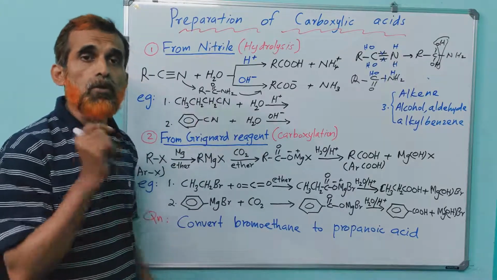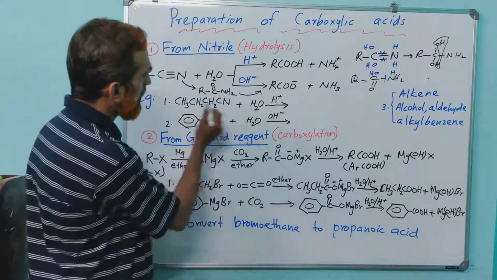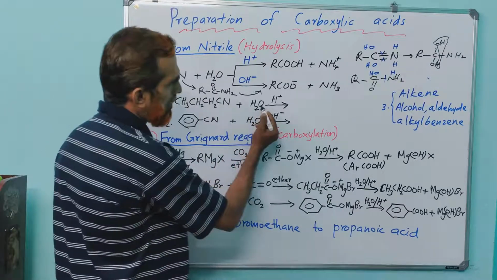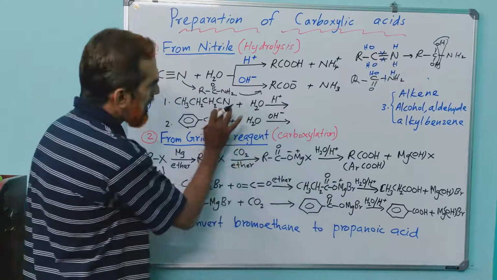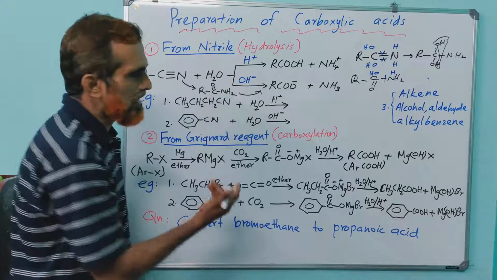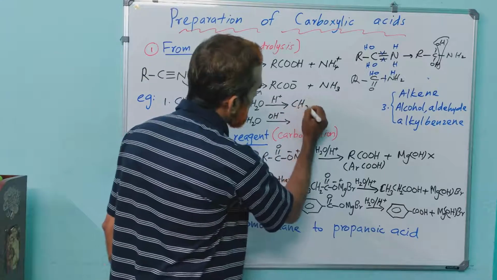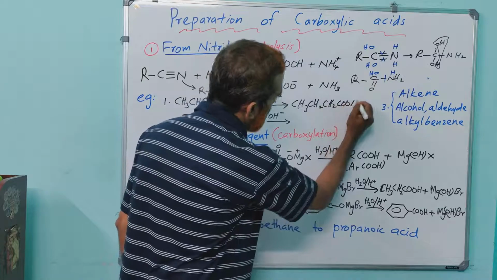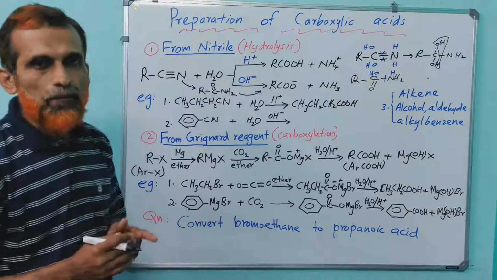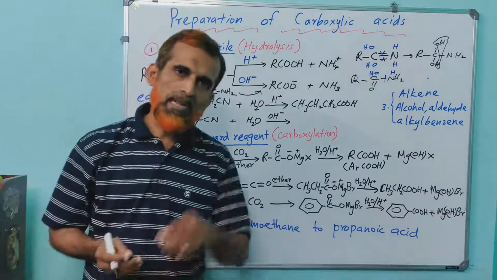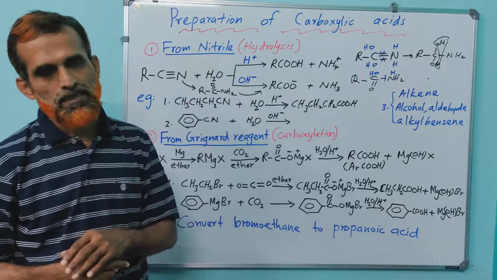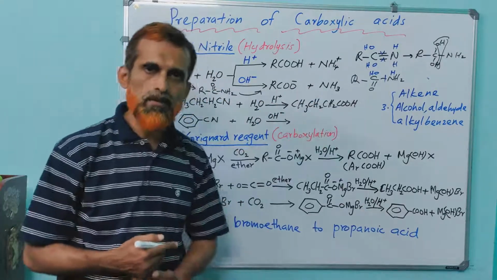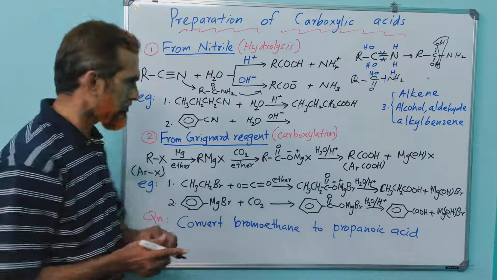So it is butane nitrile. On hydrolysis, it's simple. CN is changed to COOH. That's all. CH3CH2CH2COOH. Of course, there is a byproduct, that's ammonia. In organic reactions, one is interested in the main product. You can avoid writing the byproduct, doesn't matter.